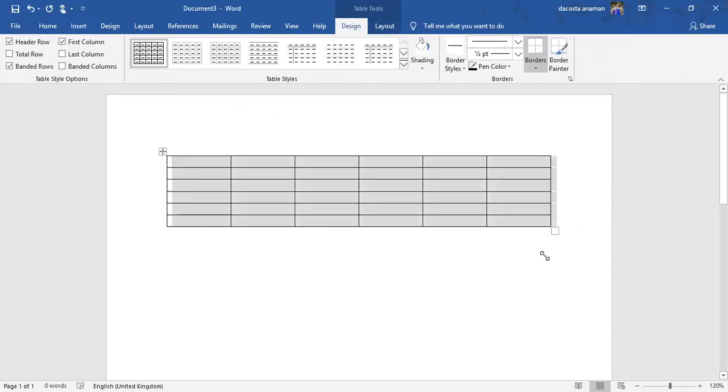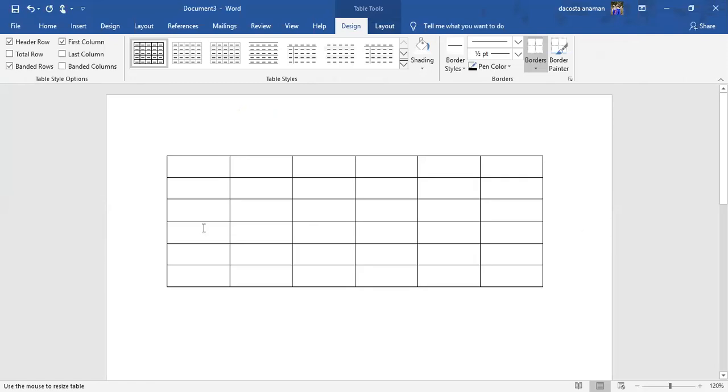So these are the dice. We have 1, 2, 3, 4, 5, and 6. And for this side too, we'll be having 1, 2, 3, 4, 5, and 6.